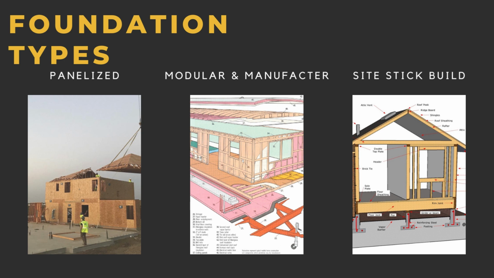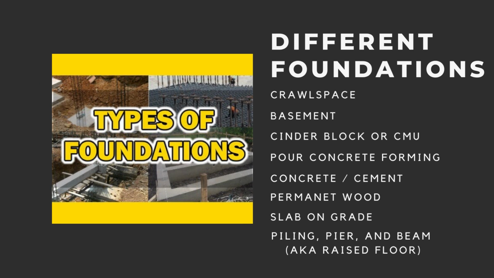Foundations can be, back in the old days, a beam sitting on rocks or blocks, just like a post foundation. What's more typically seen is a block foundation all the way around the home.